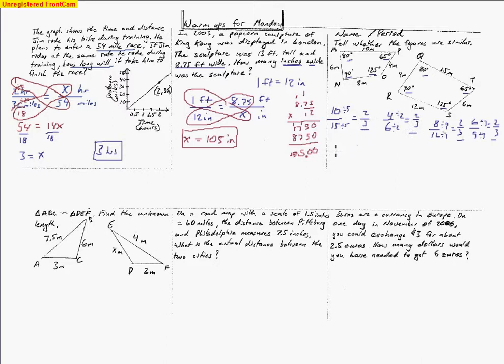The sides are proportional. So what we'll say is MPON is similar, and there's my similar sign, to QTSR, and the reason is because all corresponding angles are equal, and all corresponding sides are proportional.